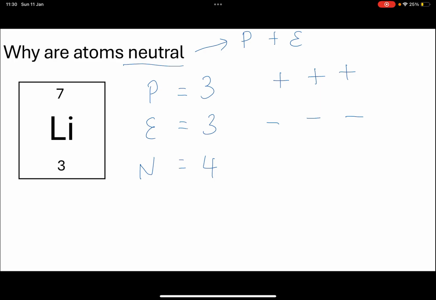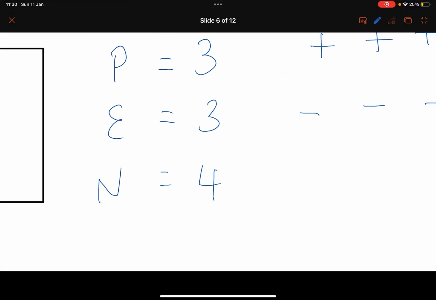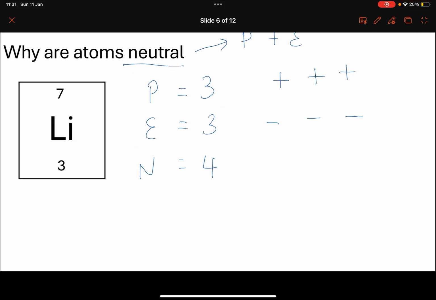So although, like we've talked about, atoms have positive and negative areas, they've got that positive nucleus, they've got the negative shells, overall they have no charge, and that's because the protons and electrons cancel each other out. And the reason they cancel each other out is because you've got the same amount and they are opposite charges. So why are they neutral? Same amount of protons and electrons, which have opposite charges and therefore cancel each other out.